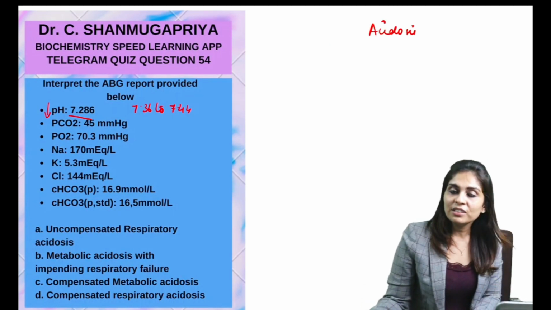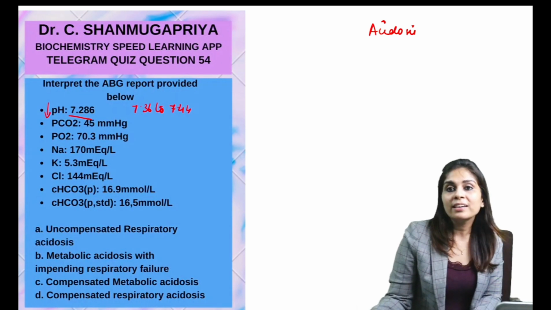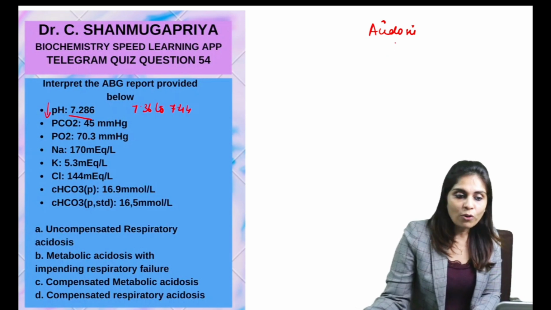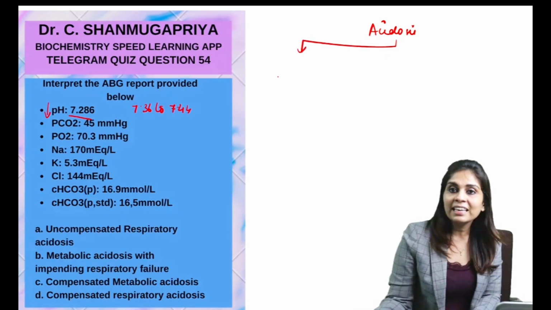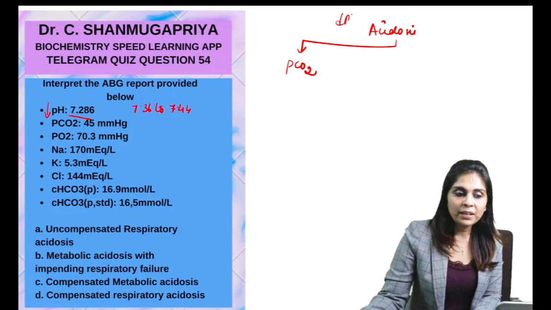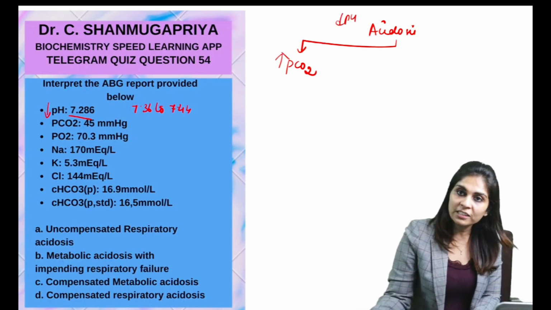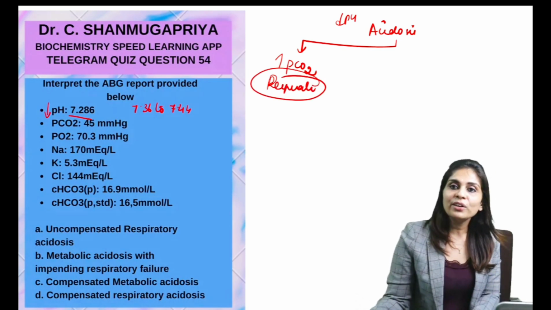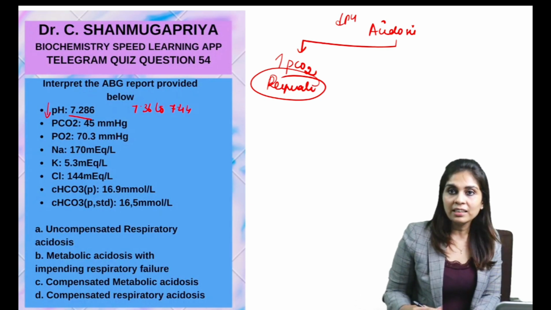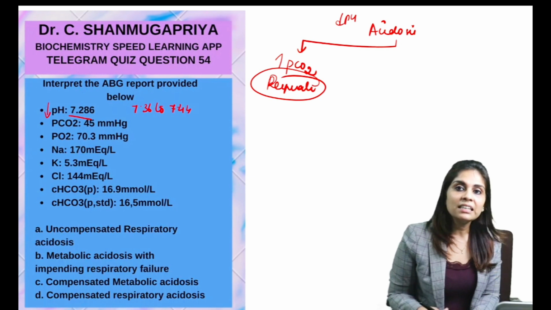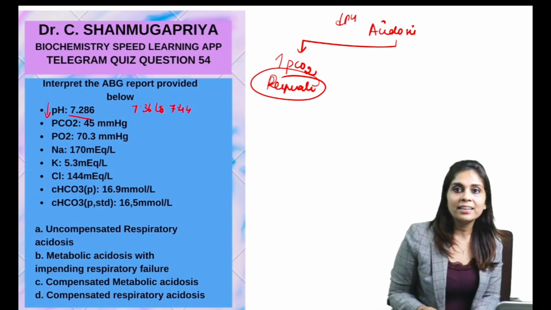Now, in a case of acidosis, the next step would be to identify whether it's metabolic acidosis or respiratory acidosis, for which we would like to look at the second value, which is PCO2. Because if low pH is accompanied by high PCO2, we would call it respiratory acidosis. Because in this condition, carbon dioxide has accumulated for some reason, and because carbon dioxide can act as a source of acid, that has increased hydrogen ion concentration and that has decreased the pH.